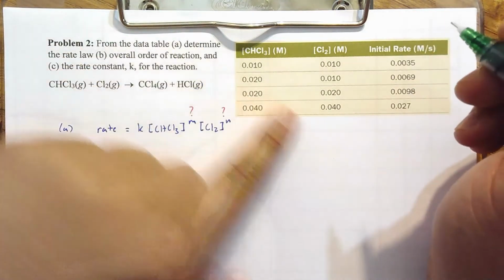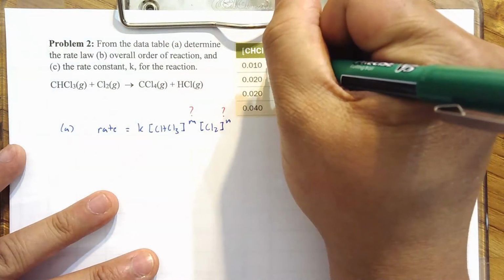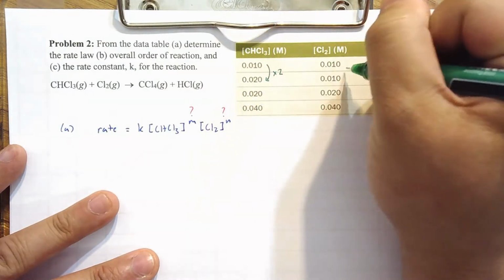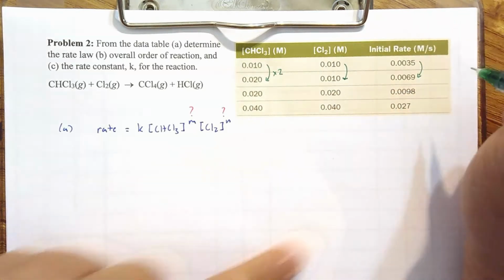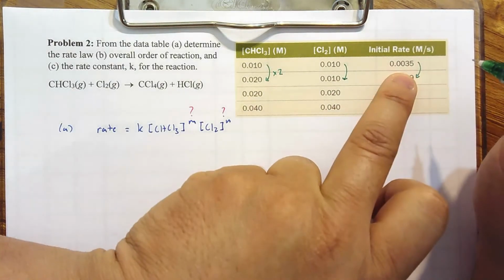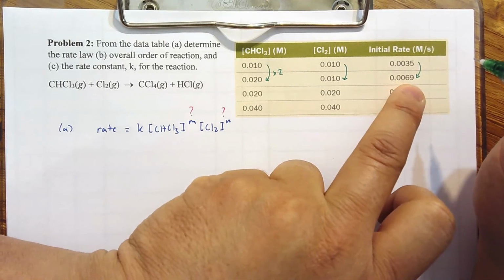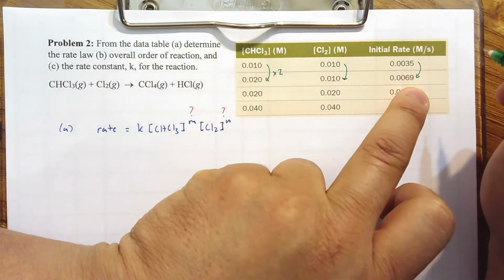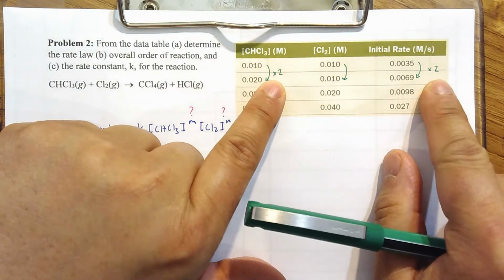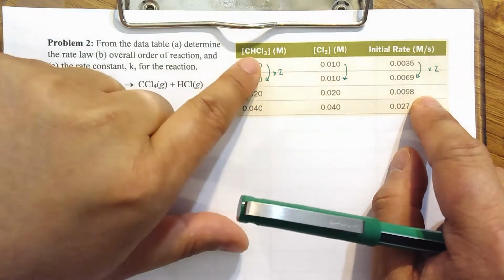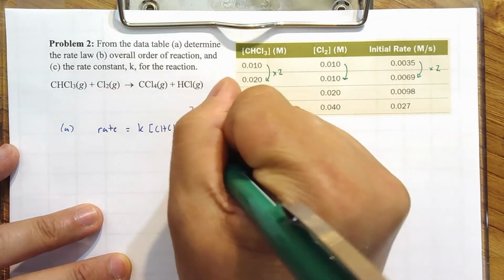Trials 1 and 2 are good because here we double, but here we don't change. 0.0035 times 2 is 0.0070, which is close to this number here, times 2. They match. The rate tracks with the change in concentration. You would expect that m equals 1.